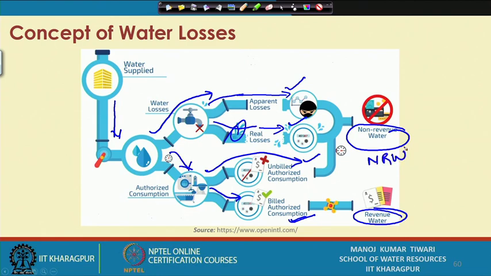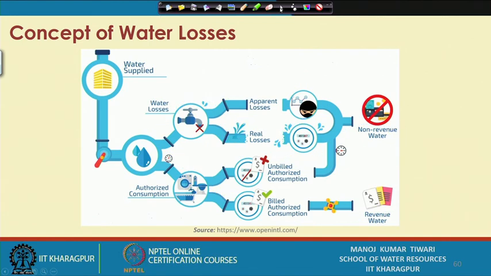This NRW is a term frequently used by water utilities to get an idea of how much share of their water is generating revenue and how much share is not. The share that does not generate any revenue is referred to as non-revenue water.